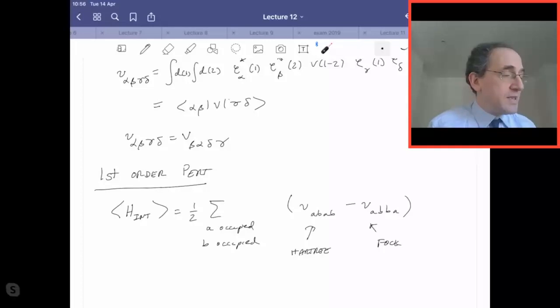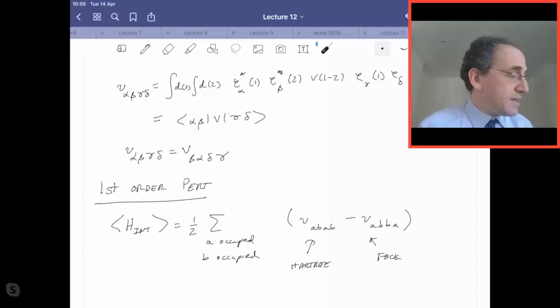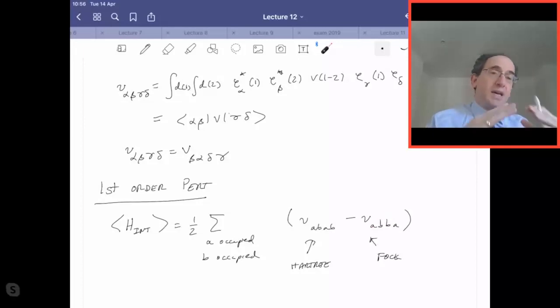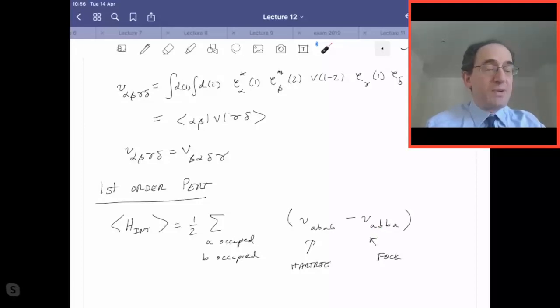Also, as I mentioned, in order to get a non-zero Fock term, orbitals A and B have to have overlap both in spin and space, which often means that the Fock term is short range, because the actual wave functions of orbital A and orbital B have to overlap to give you a non-zero result.